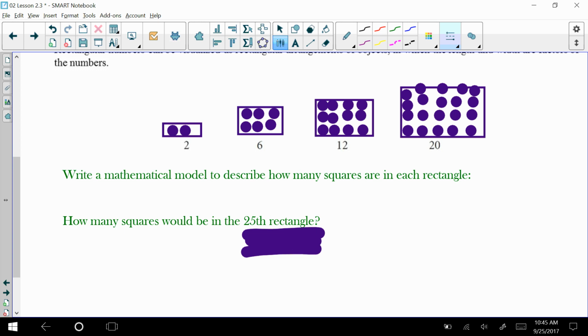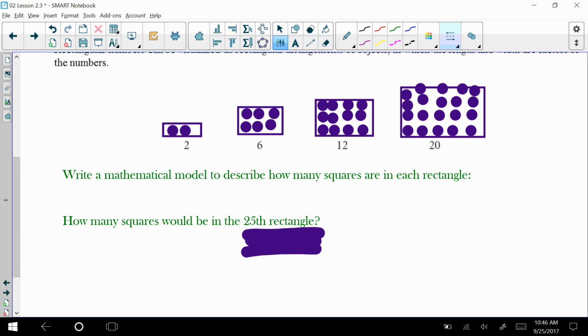So in the first rectangle, I see that it has... is that true for the second one? It has 6 dots, it has a length of 3 and a width of 2. The third one, 12 dots, I see a length of 4 and a width of 3.